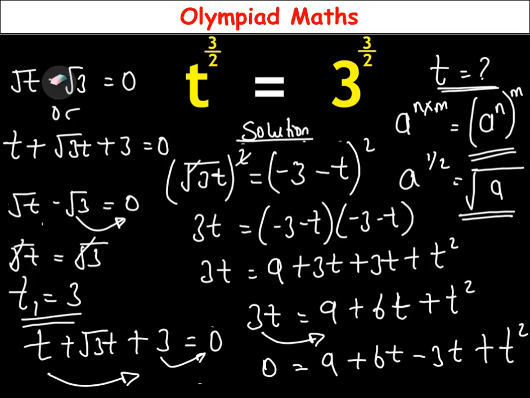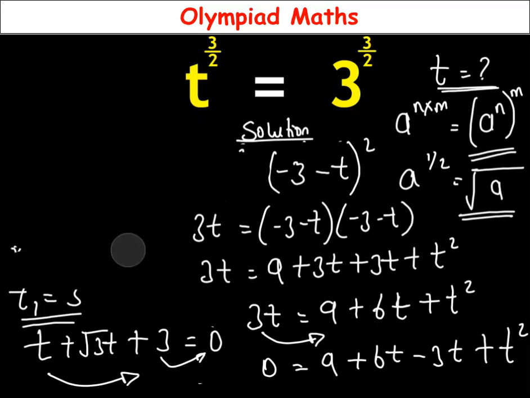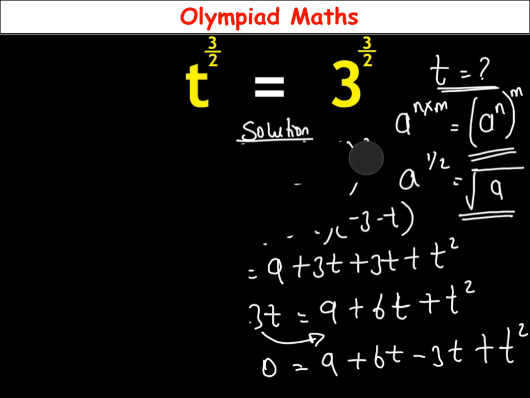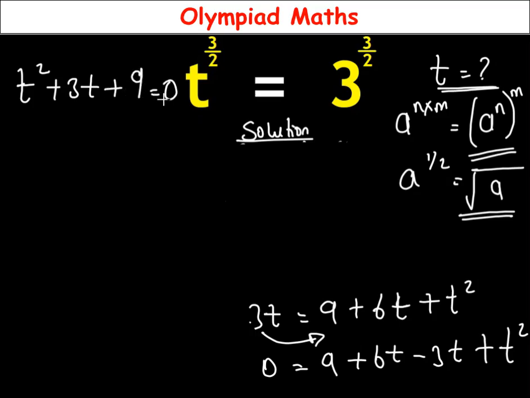Okay, so let's clean up the side. From here, we have t squared, plus 6t minus 3t is plus 3t, plus 9, all equal to 0.